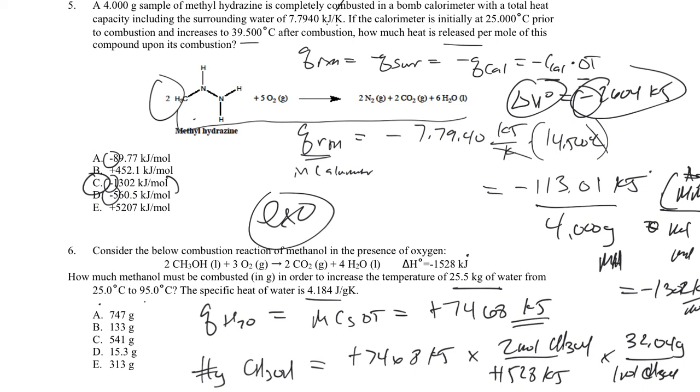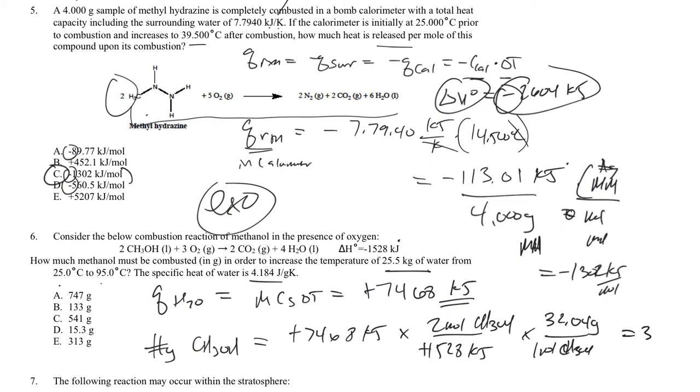So I go 7468 times 2, divide by 1528 kilojoules being given off, times 32.04 to go per gram. It gives me 313 grams.